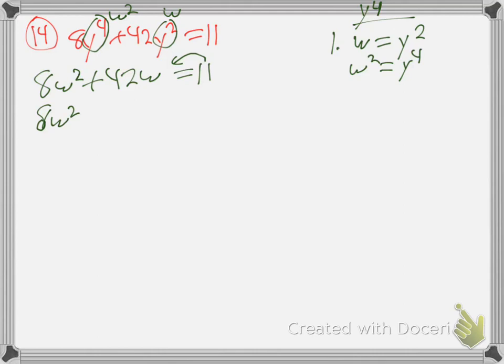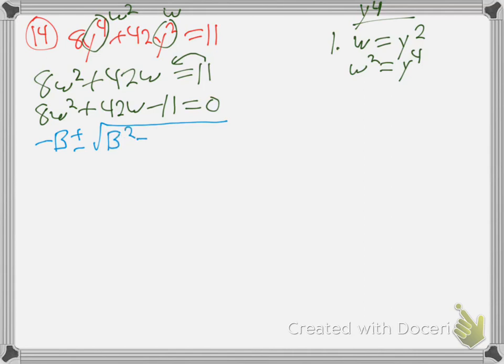That's 8w squared plus 42w minus 11 equals 0. Whenever there's a number in front, I just go straight to the quadratic formula. Quadratic formula: negative b plus or minus the square root of b squared minus 4ac, all over 2a.